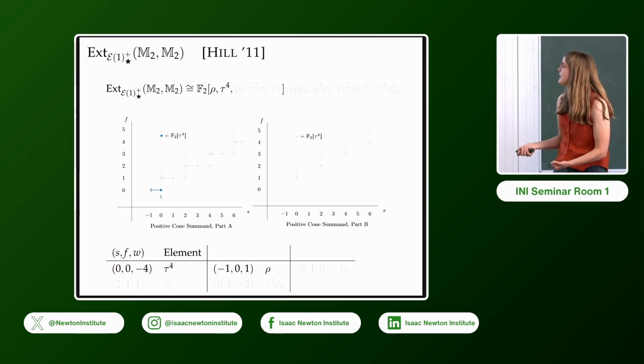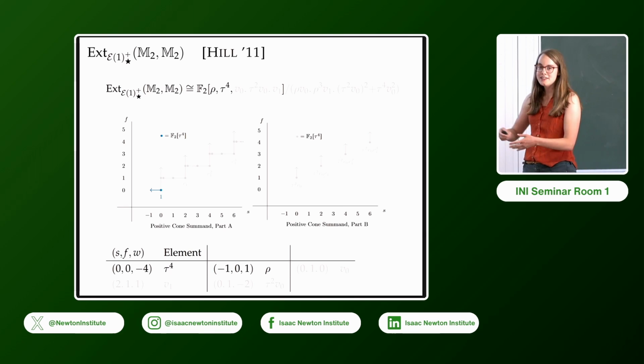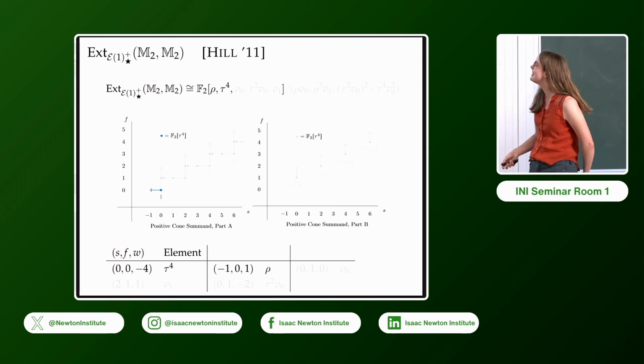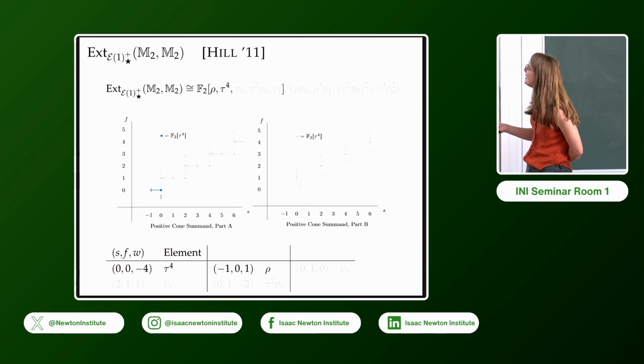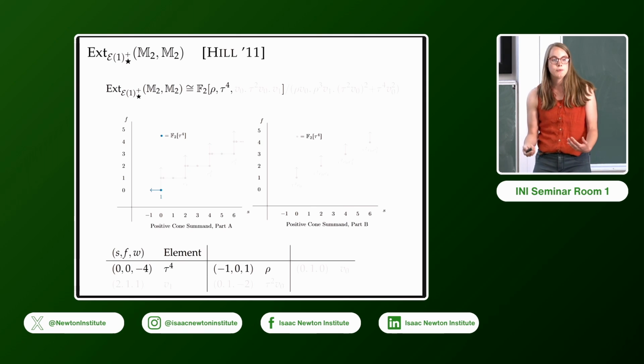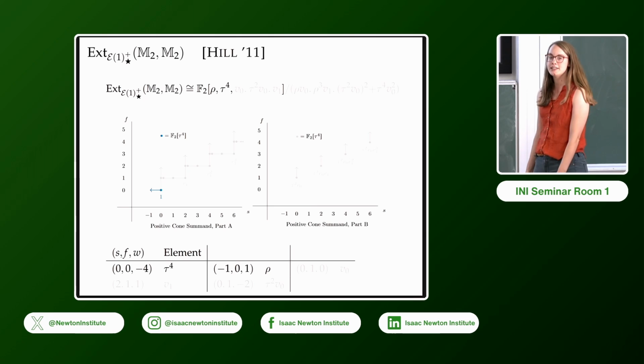Rho is in stem -1, filtration 0. And since the weight is left to the imagination, I won't bother describing it for the rest of them. So what multiplication by rho does is it takes us 1 unit to the left. So rho lives here, multiplication by rho again would be at (-2,0), and so on. Because there's no relation between rho and tau to the 4th, we have just an arrow pointing to the left there.